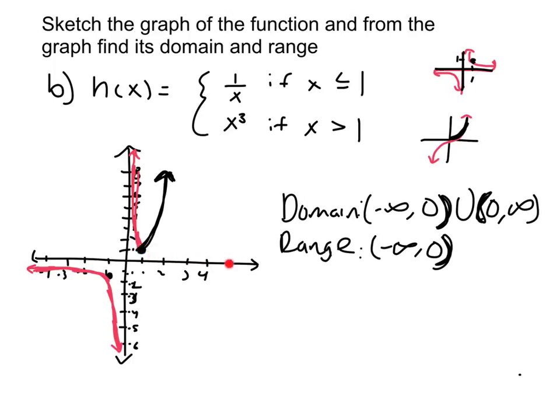There's no getting close to 0 that you would have if you had the full graph of 1 over x like you do over here. You stop there at 1. So the range then would be, in union with, now I include 1 because 1 is in the range. There's a solid dot there, so 1 is allowed in the range, and it goes from 1 all the way to infinity. Okay?